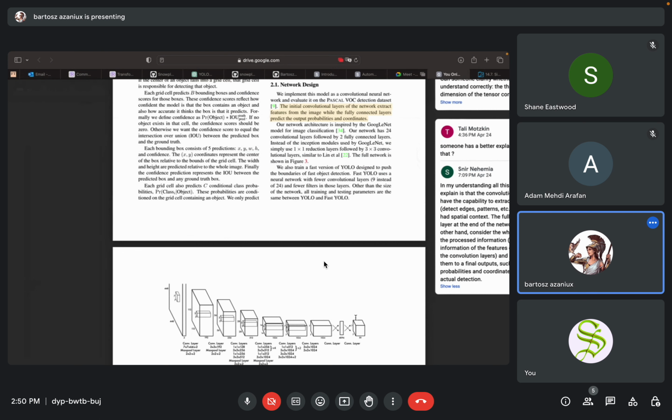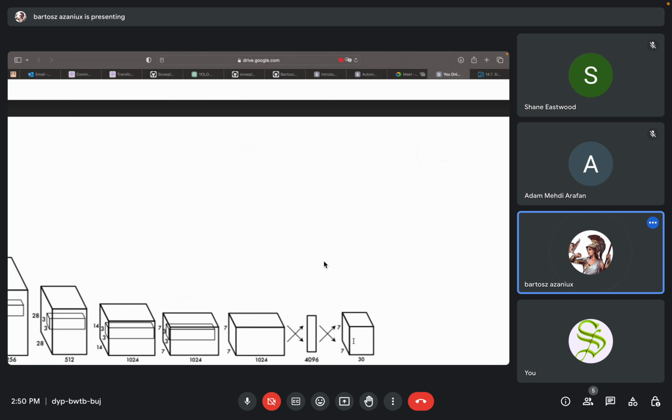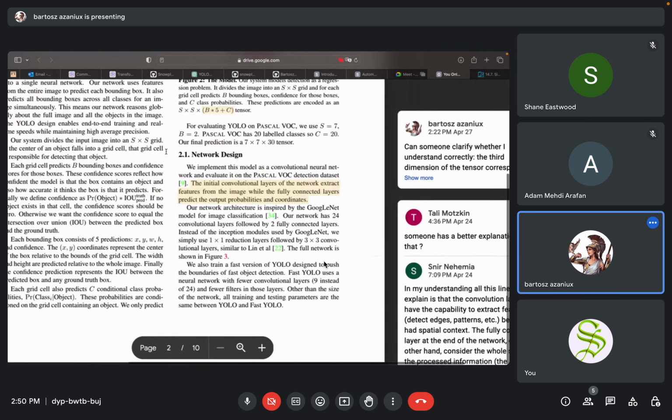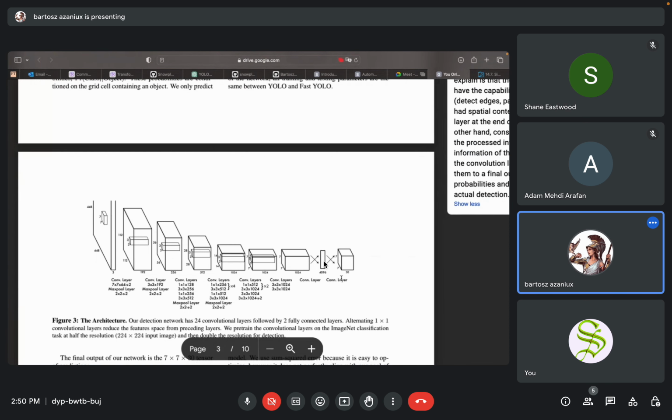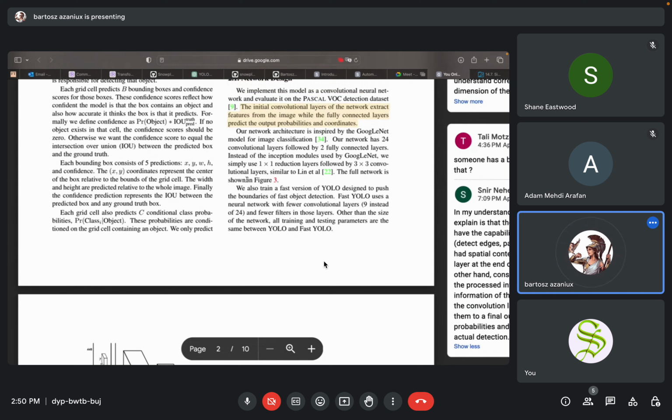You would slice this part by the confidence. You would pick the ones that have confidence higher than the threshold and ignore everything else. Then from the values that have high confidence, you would take the respective X, Y, W, H.